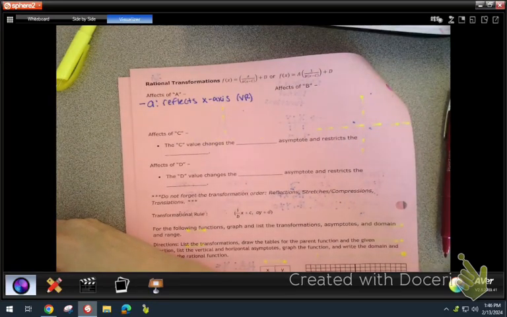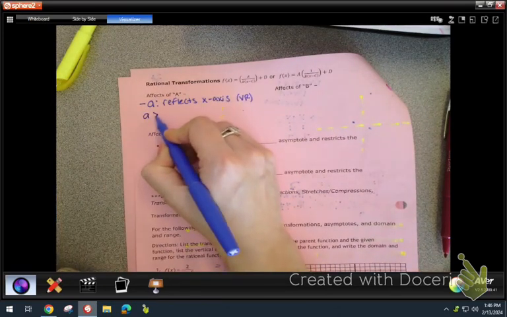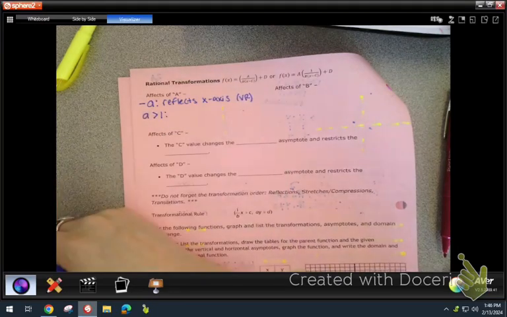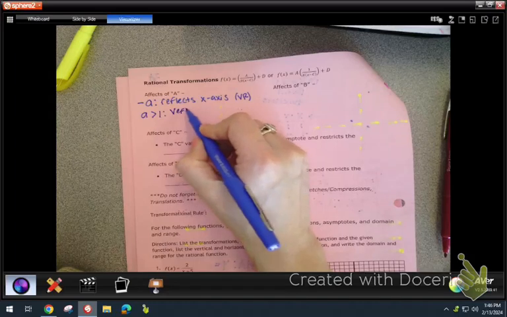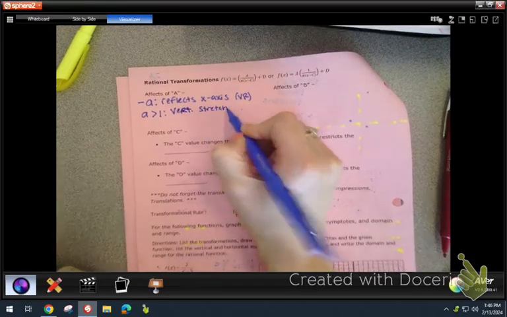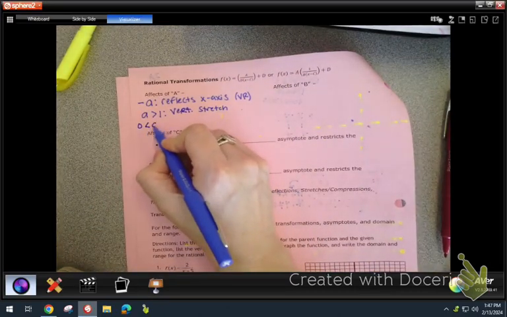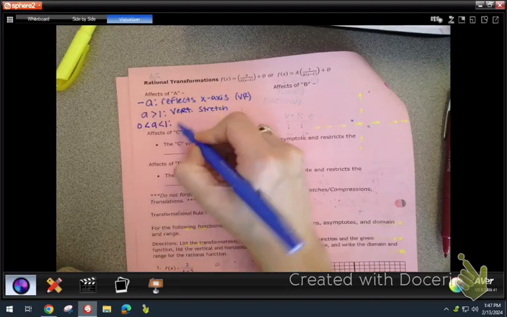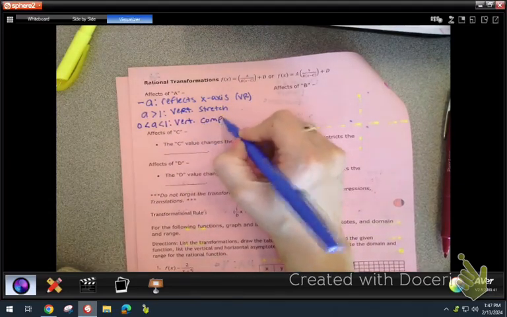Then we have to talk about the number A itself. If the A value is greater than 1, then that is a vertical stretch. If A is between 0 and 1, then it's a vertical compression.